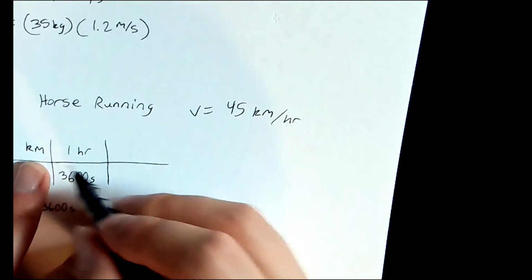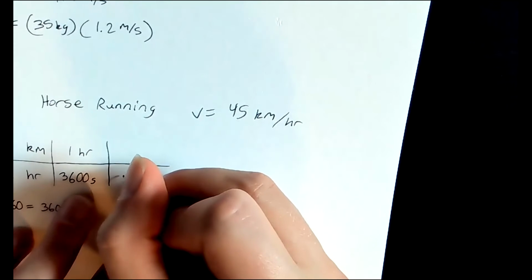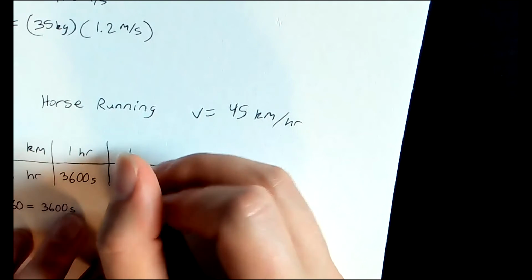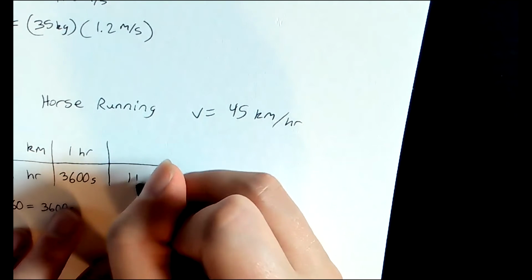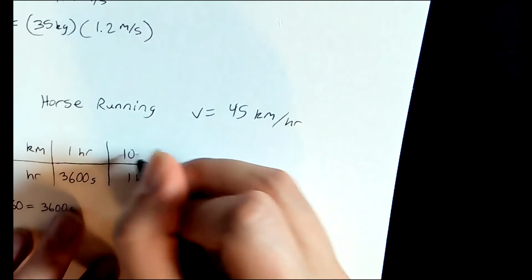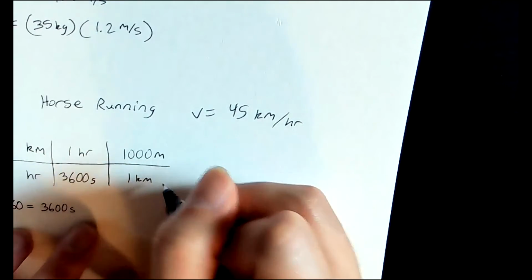And then we need to convert kilometers to meters. For 1 kilometer, there are 1,000 meters.